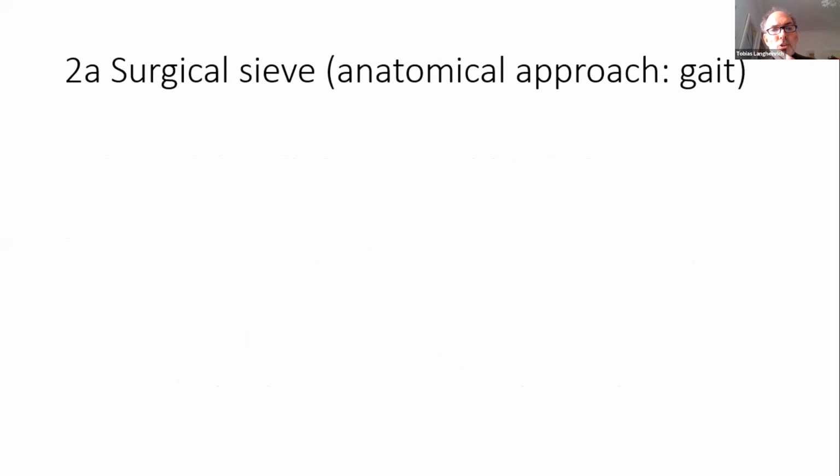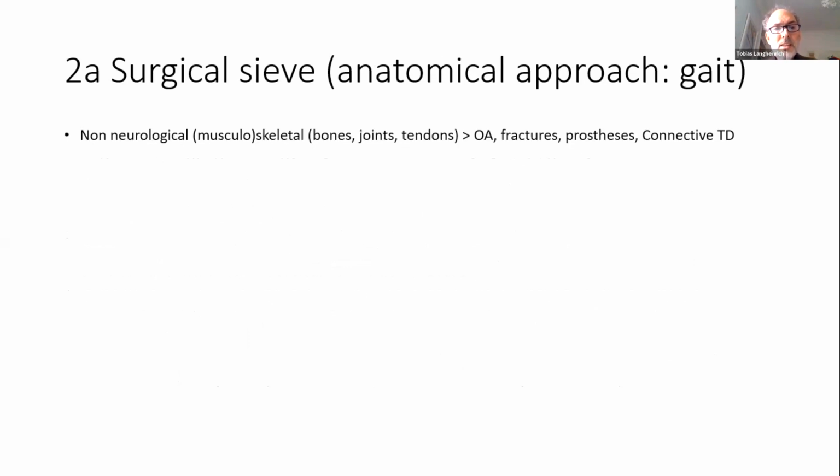So to the surgical sieve, this is an anatomical approach. With regards to gait, obviously, you can have non-neurological reasons for that, musculoskeletal, so one would inquire and examine for bone, joints, and tendons. People may have osteoarthritis, they may have a connective tissue disorder.